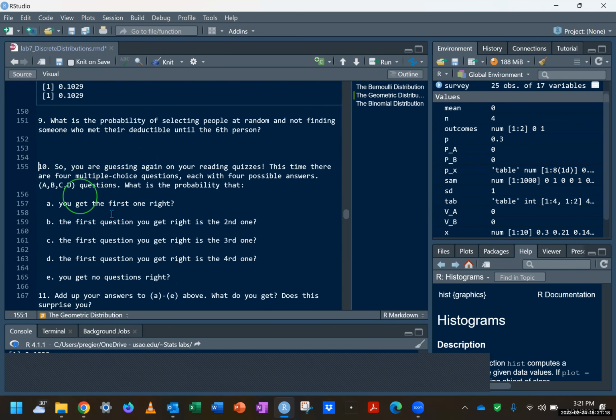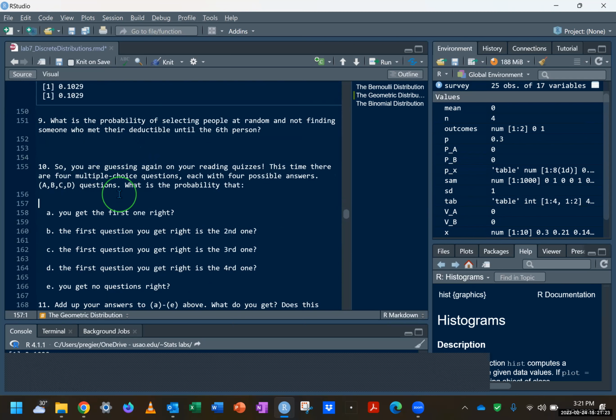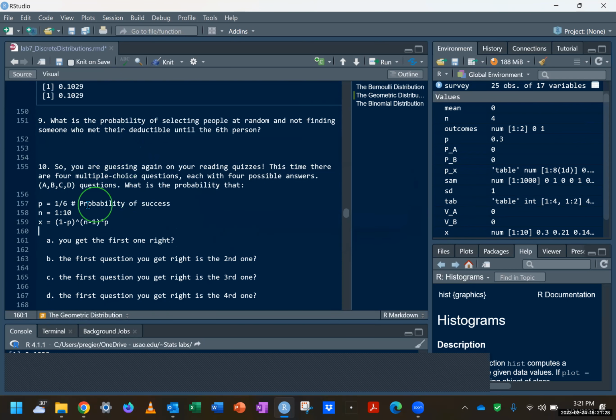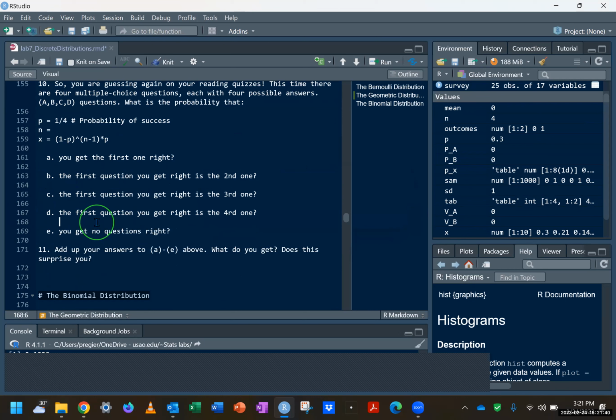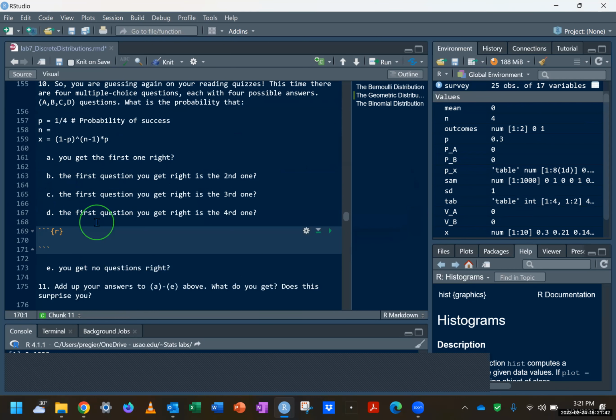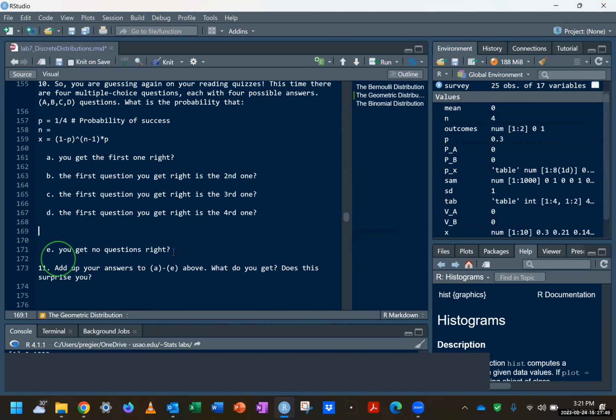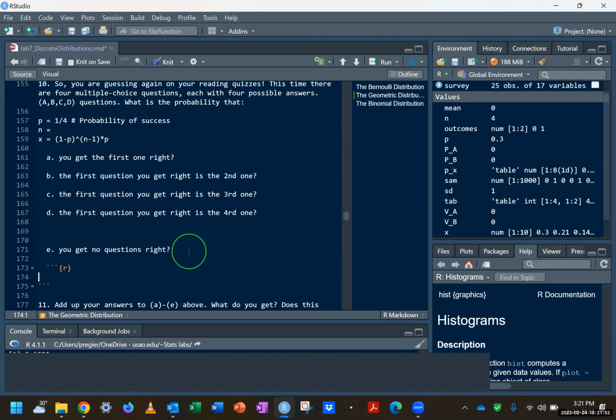You can do 10, same thing, but it's a geometric distribution where your probability of success will be guessing. If you're guessing on a 4 multiple choice quiz, it'll be 1 out of 4. N will change, and you can just use the same formula. Up until part E. If you get 4 failures in a row, what's the chance of that?